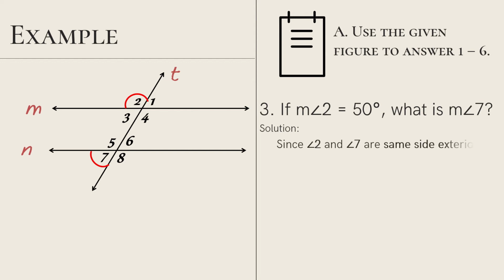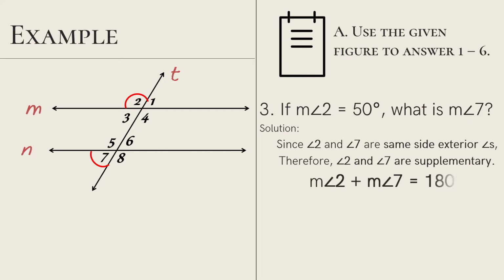Again, you are right. Angle 2 and angle 7 are same side exterior angles. And same side exterior angles are supplementary. Therefore, angle 2 and angle 7 are supplementary. Again, supplementary angles are angles whose sum is equal to 180 degrees.